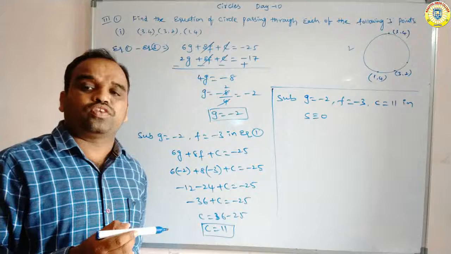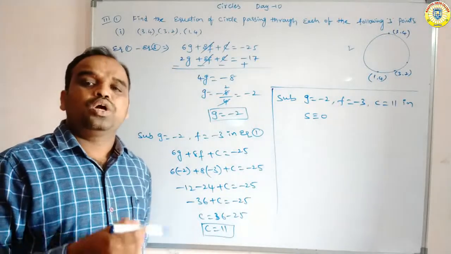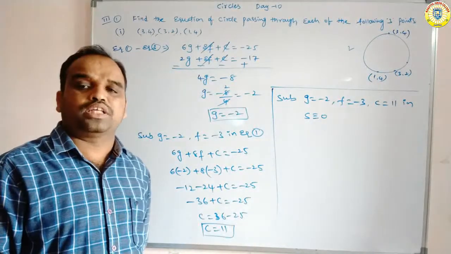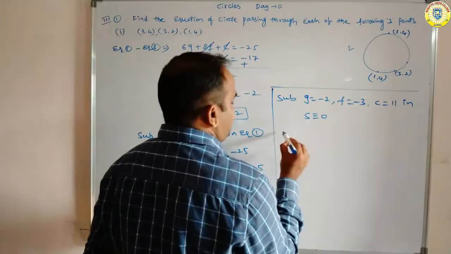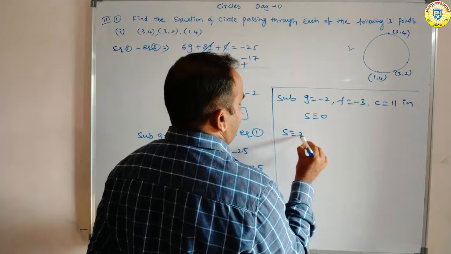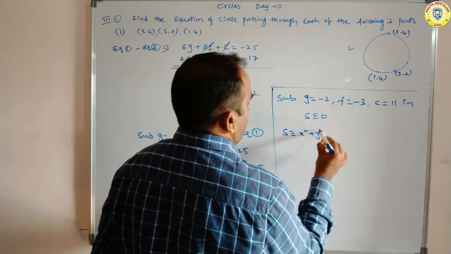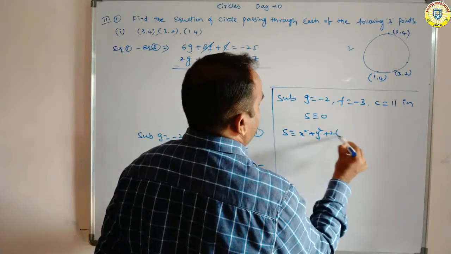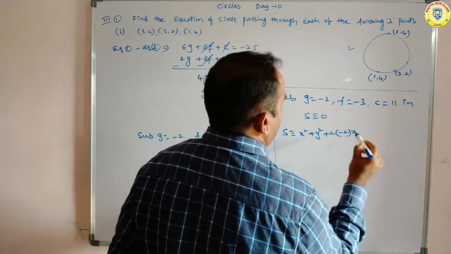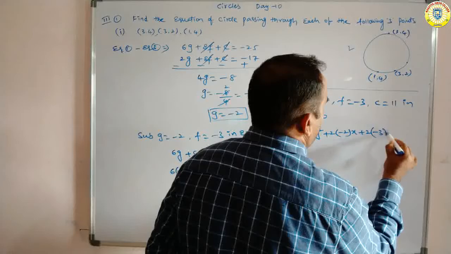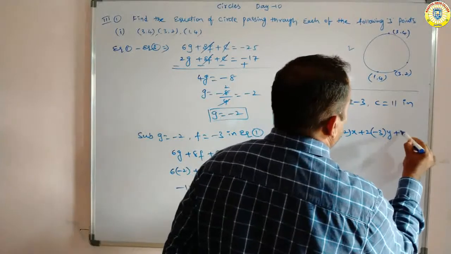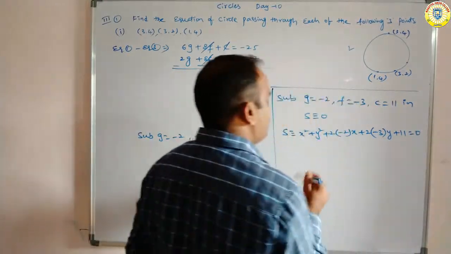x square plus y square plus 2gx plus 2fy plus c is equal to 0 is the circle equation, the required circle equation. That's why S is equal to x square plus y square plus 2 into g, which is minus 2, into x plus 2 into f, which is minus 3, into y plus c, which is 11, is equal to 0.